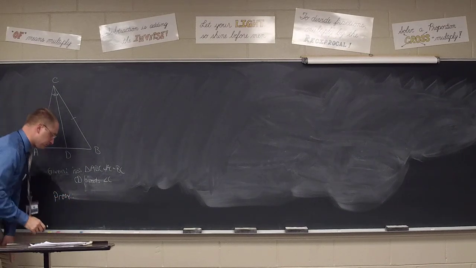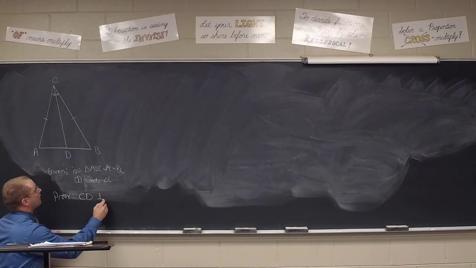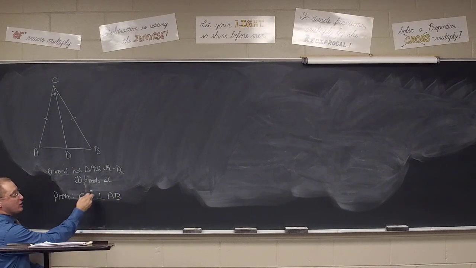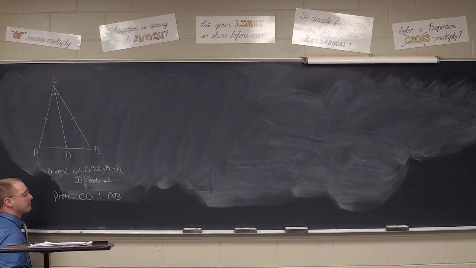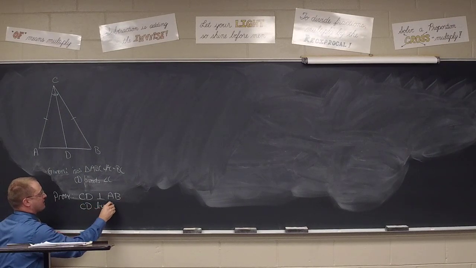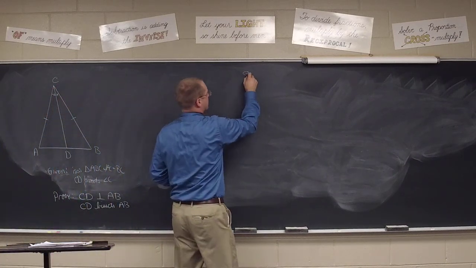Noah? CD is perpendicular to the base AB. And CD bisects AB. And I believe you already got your two columns set up yesterday.